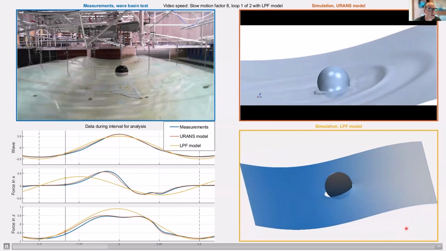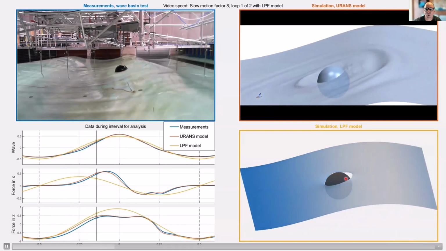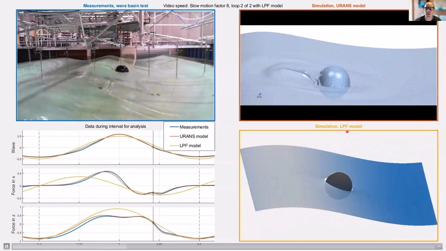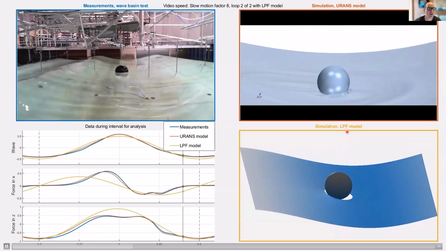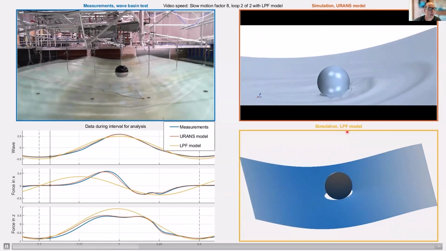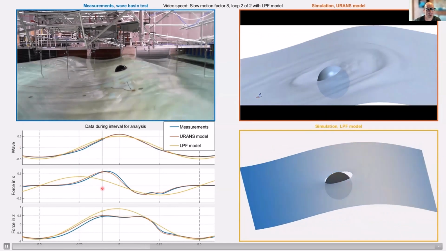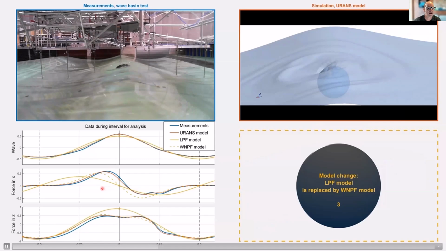The first one we see running now is the linear potential flow model, LPF, which is a very simple and fast model. In the lower left plot, I've shown data from the experiments as well as the simulations.